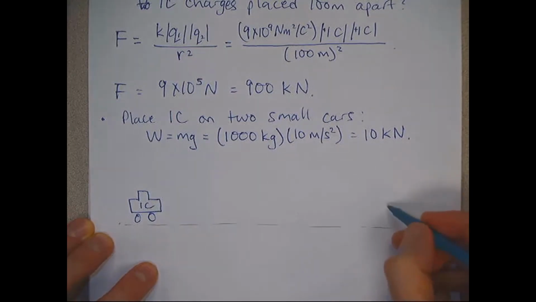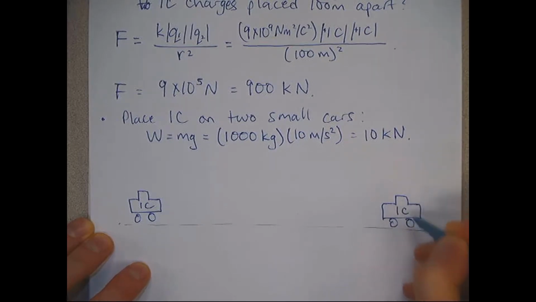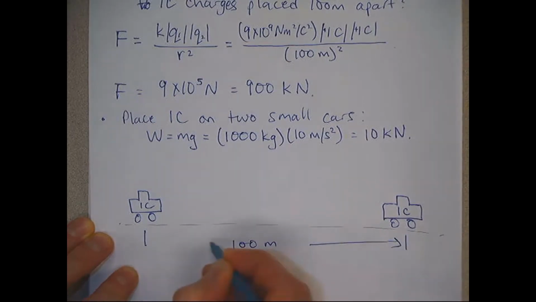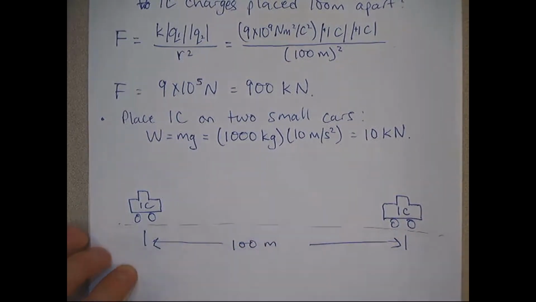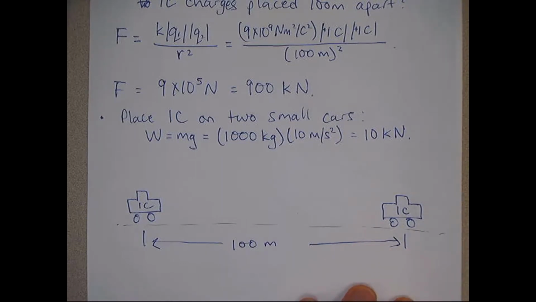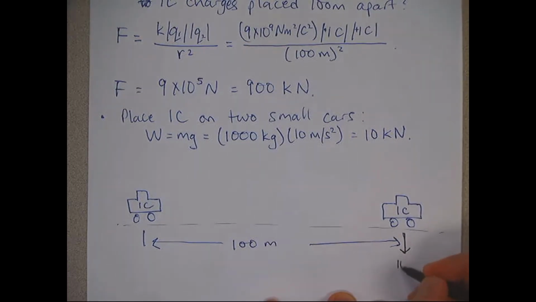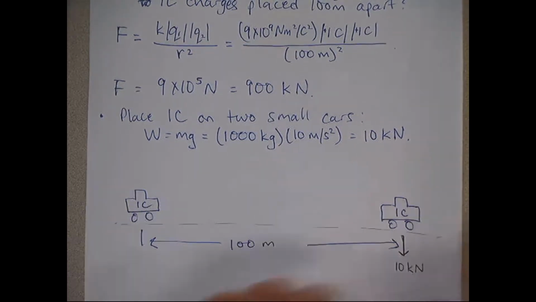Here's a 1 Coulomb car and another 1 Coulomb car. They're individually pulled down by a weight attraction to the center of the Earth, which is 10,000 newtons.